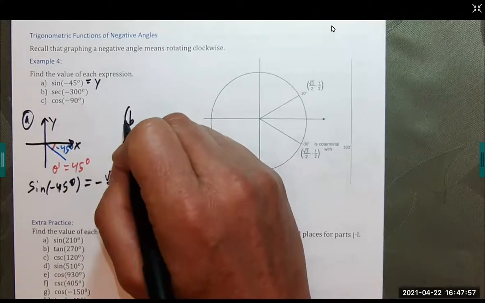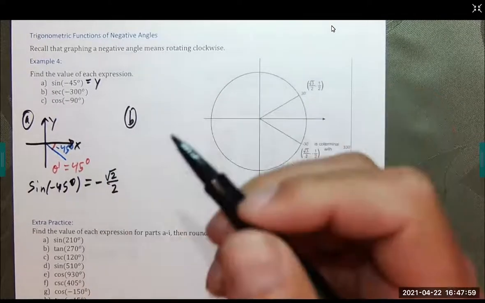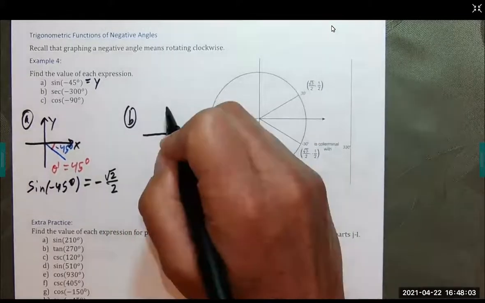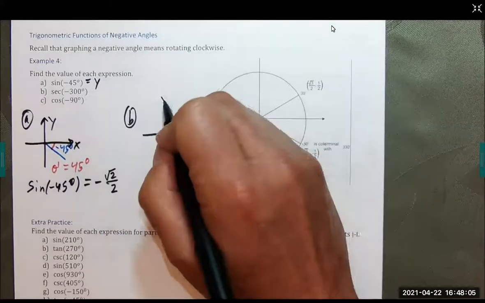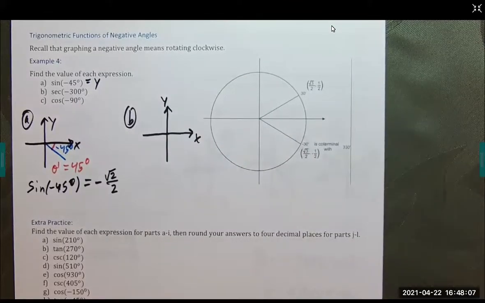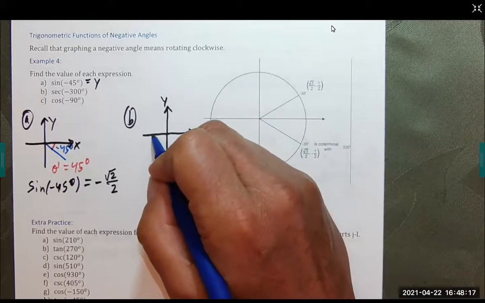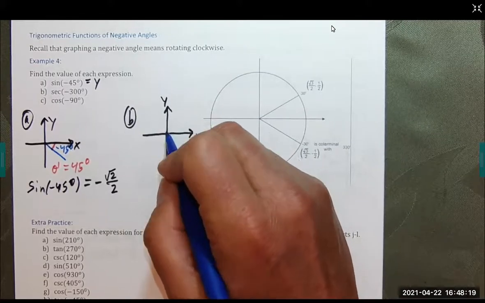Part B, it's here. Negative 300 degrees, that's going to put me all the way into quadrant 1, I believe. Negative 90, negative 180, negative 270, negative 300 is going to be here.